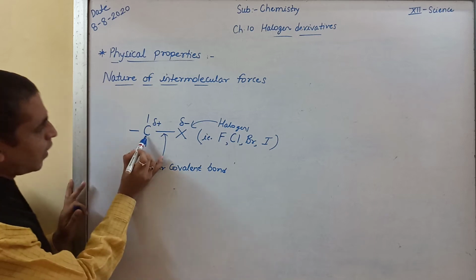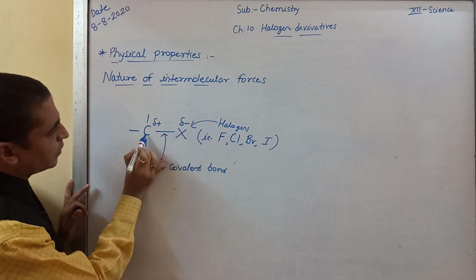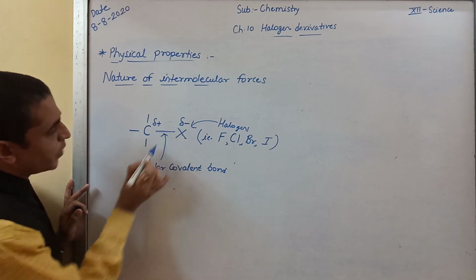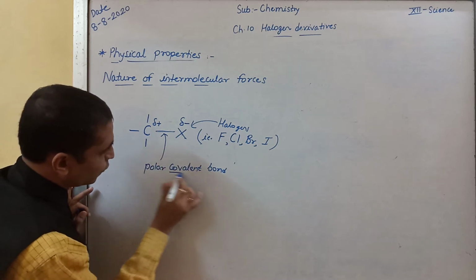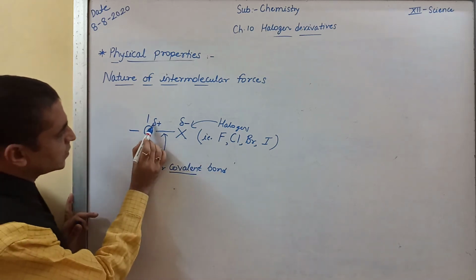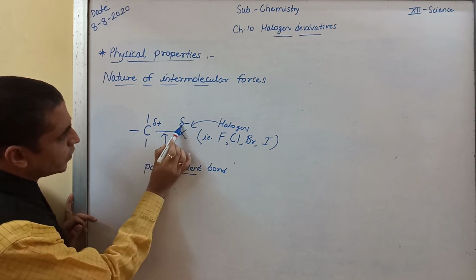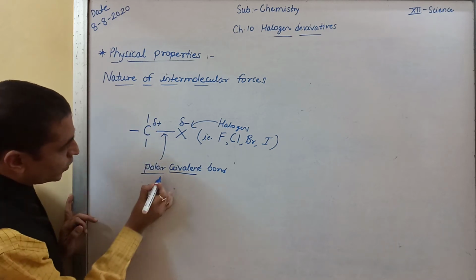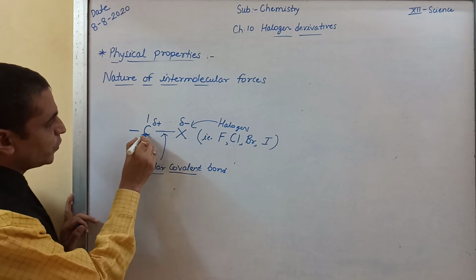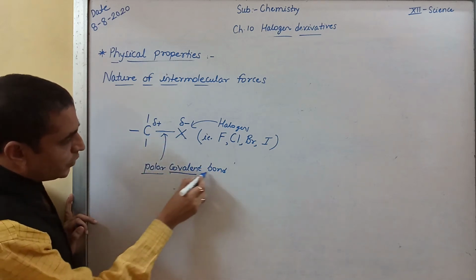First of all, carbon and halogens are non-metals and they can form a bond between them by sharing of electrons. Therefore, the bond between C and X is covalent bond. But there is a charge separation. See, X is more electronegative than carbon, so halogen acquires partial negative charge and carbon acquires partial positive charge. So they show polar nature. So the bond between carbon and halogen is called a polar covalent bond.